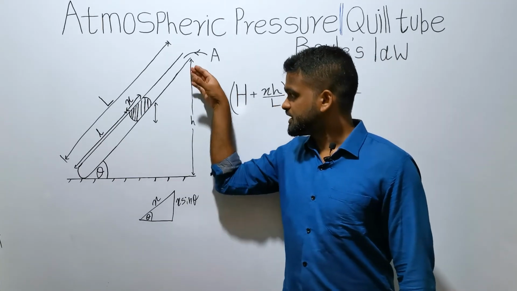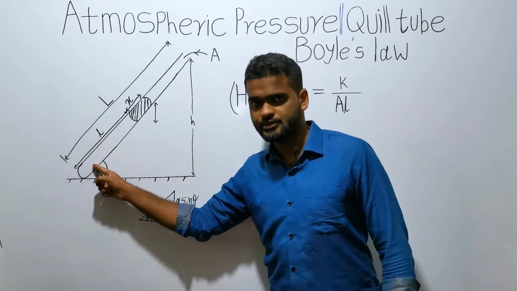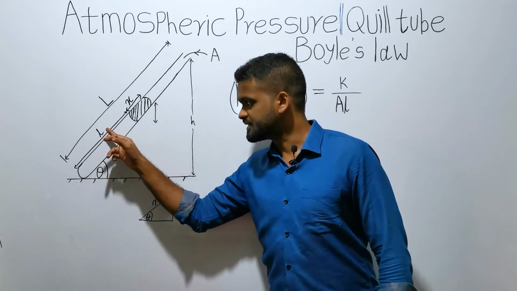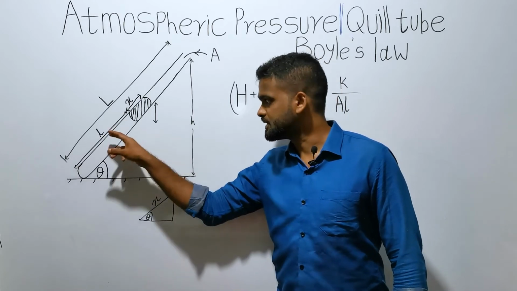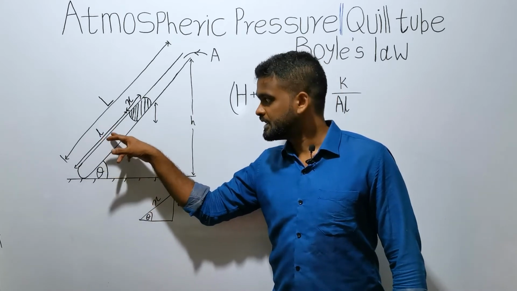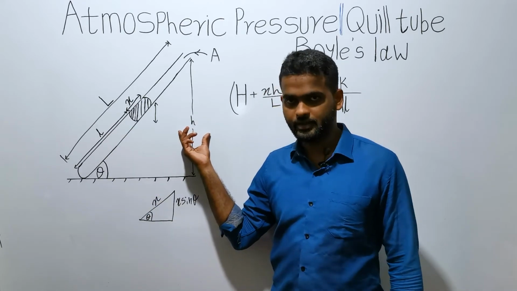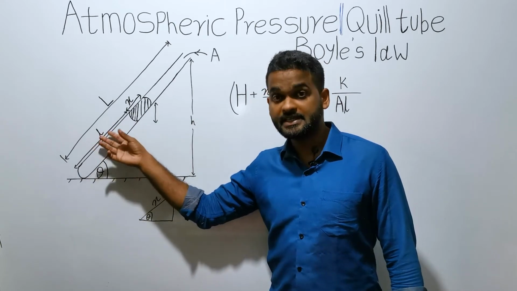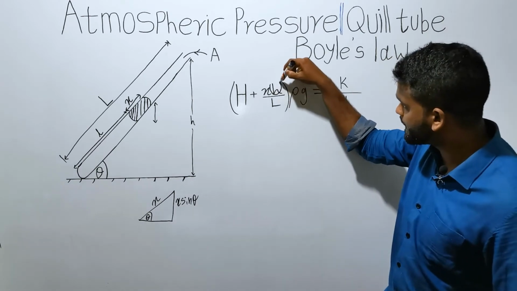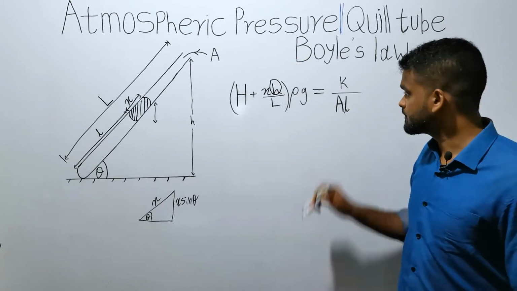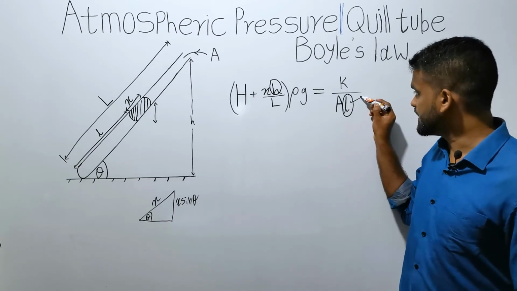Then you will notice that as we change this simple h, the length of the trapped air column changes. So simple l depends on simple h. Simple l relates to the dependent variable, that is y.